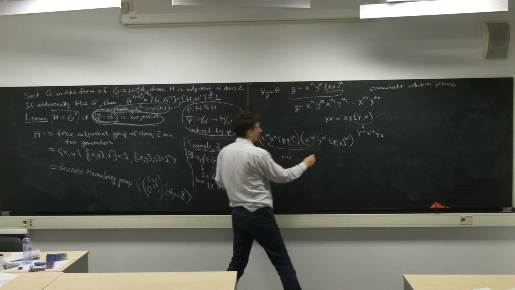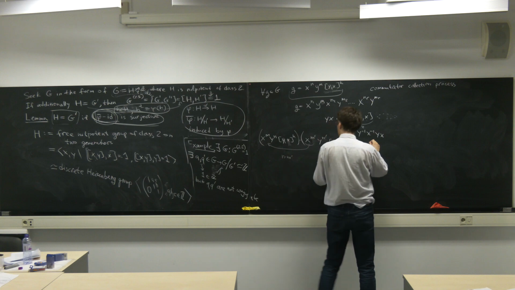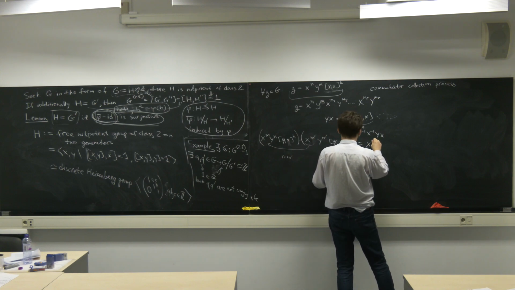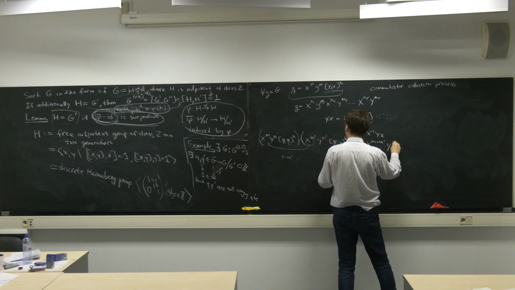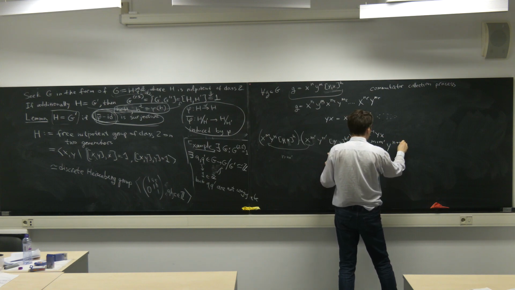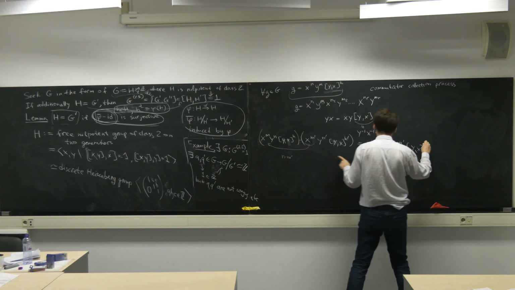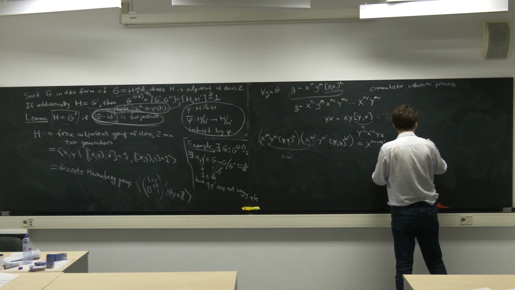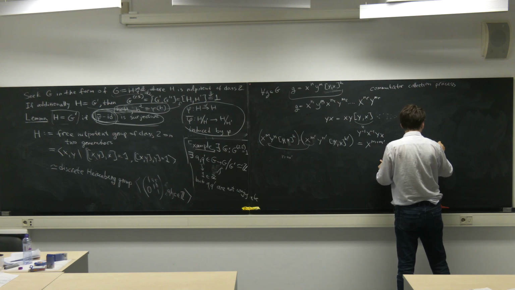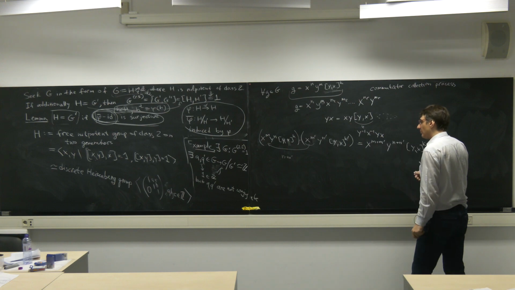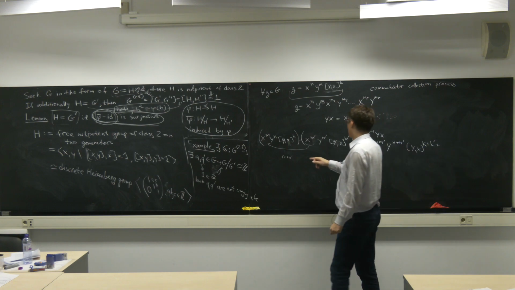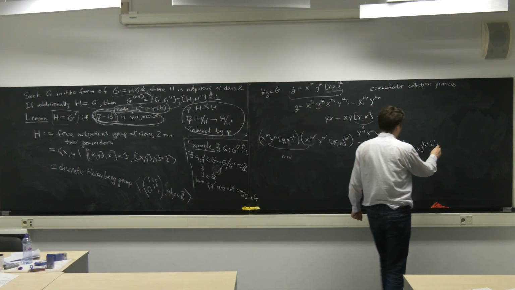And so what I get is x to the power m plus m prime, y to the power n plus n prime, and then the commutator yx to the power k plus k prime plus n times m prime.